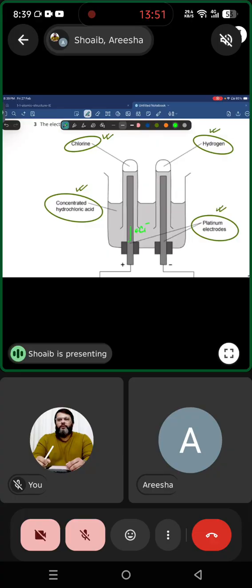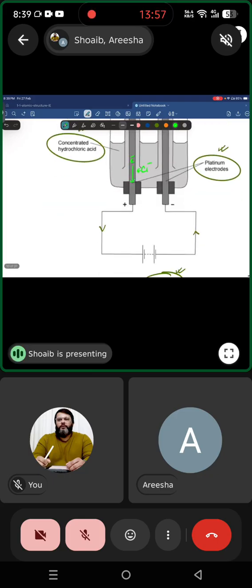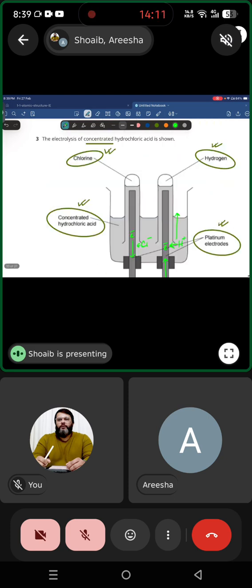They deposit electrons here, and these electrons move from the anode and enter into the cathode, where the hydrogen ion gains the electrons and comes out in the form of hydrogen gas. Basically, the hydrogen gas is filling the tube. So I'm going to draw the arrow in the tube here. Got it? And the chlorine gas is being produced in this tube.